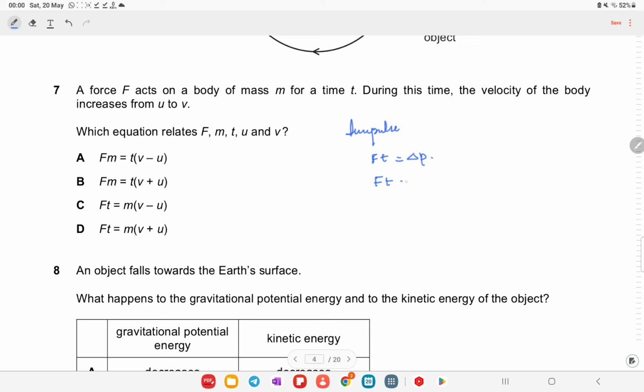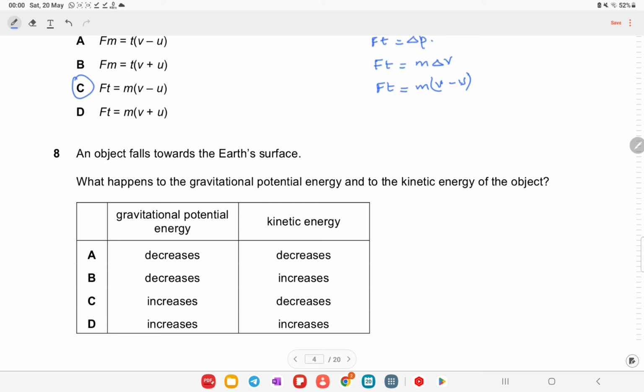This can be written as m delta v. This can also be written as m times (v minus u). Okay, so option C would be your right answer.